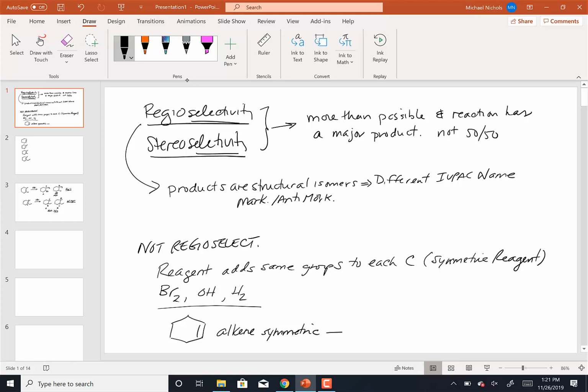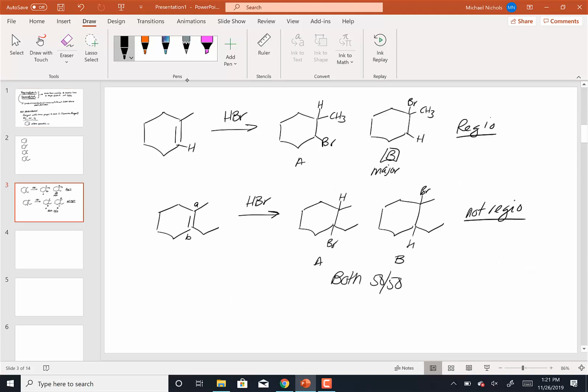But the steps would be: is the reagent or the alkene symmetrical? If the answer is yes to either one of those questions, it's not regioselective. Then you write the two possible products. Is one favored by Markovnikov or anti-Markovnikov, depending on the reaction? And if the answer is yes there, then it's regioselective. Okay.